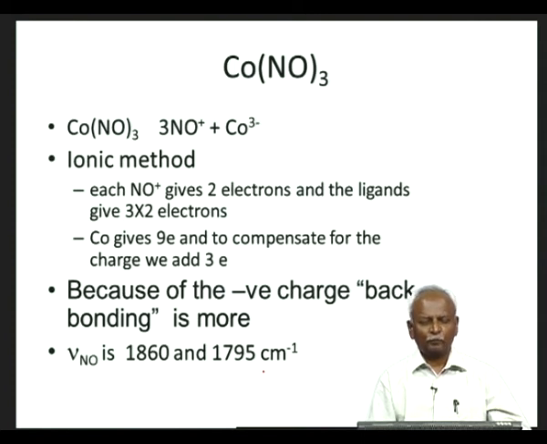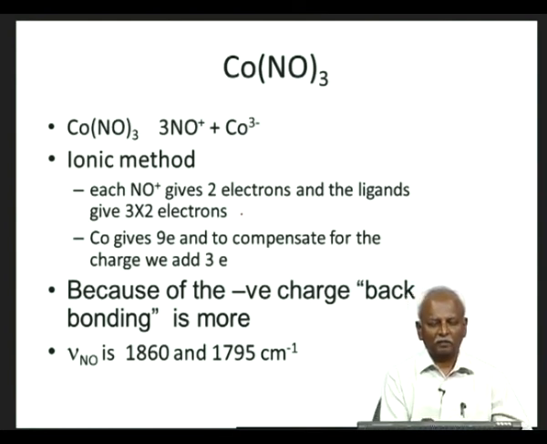The same thing if you use the ionic method of electron counting, we notice that if you use NO plus, then cobalt will have to be converted into cobalt 3 minus. That means we have a total of 12 electrons on the cobalt and 6 electrons are coming from the nitric oxide.